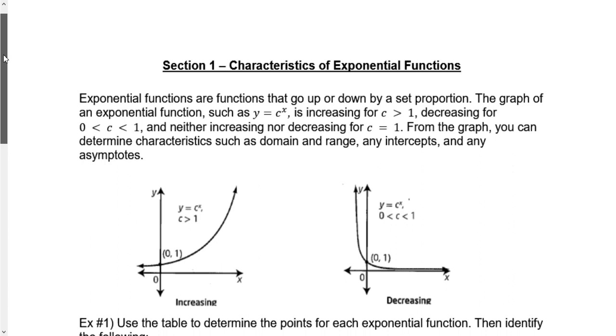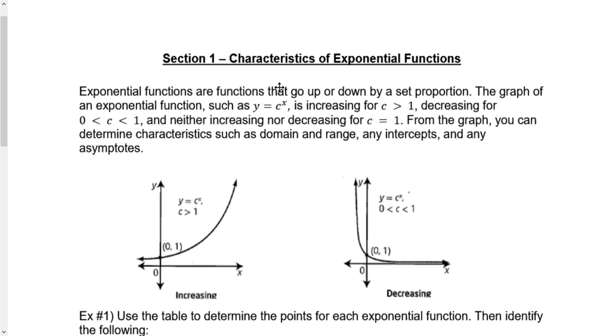And the long story short is exponential functions are anything that go up or down by a separate portion. The graph of an exponential function, such as y equals c to the power of x. Now we're using c because we've talked about a's and b's being transformations, same with our h's and k's, but c is basically just a general base.